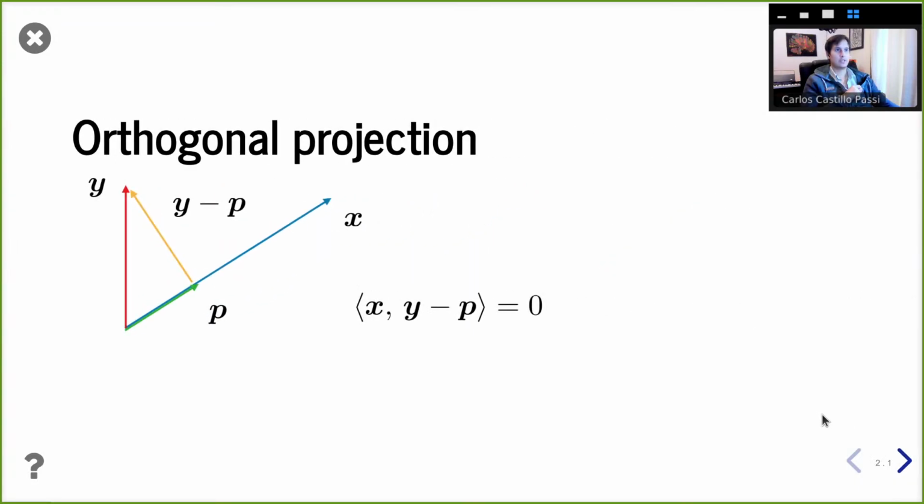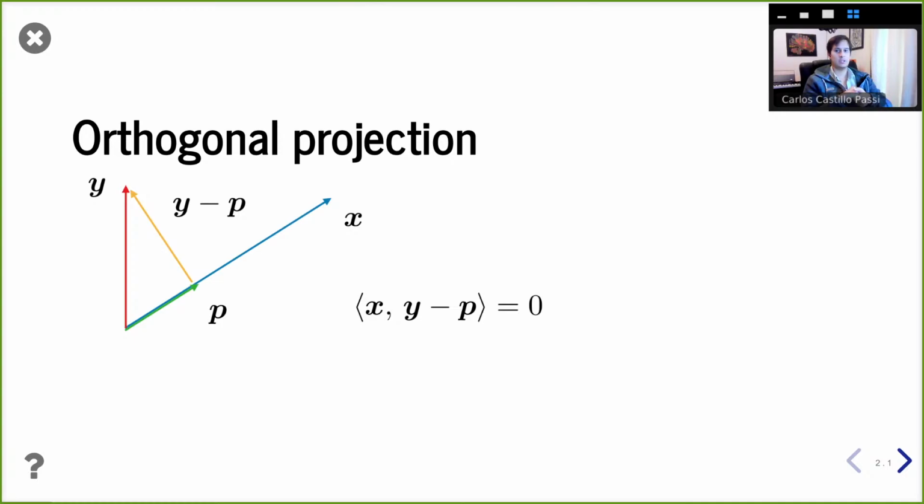Okay, so let's start with the orthogonal projection. As you can see here, basically the orthogonal projection, or the orthogonal projector operator, the one that you saw in class as P sub V, being V the subspace.